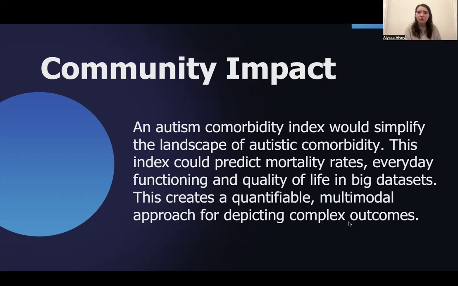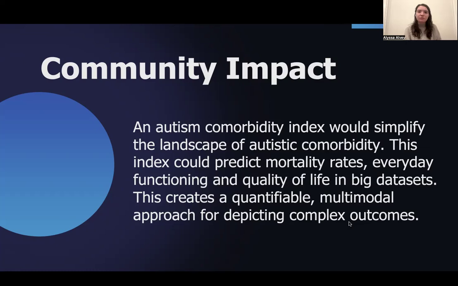In general, comorbidity is a very complex topic, and usually conditions are interweaving in terms of their impact. This creates a much more simple landscape by presenting it in a quantitative way that can be more easily identifiable and actualized.